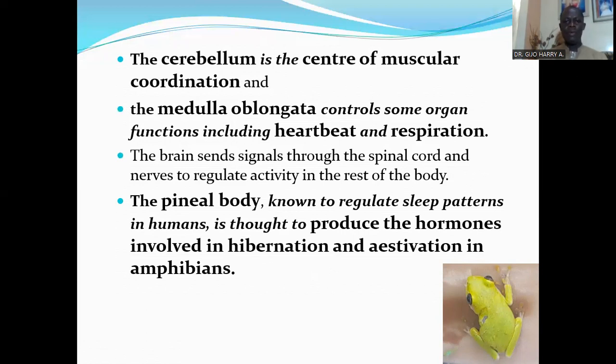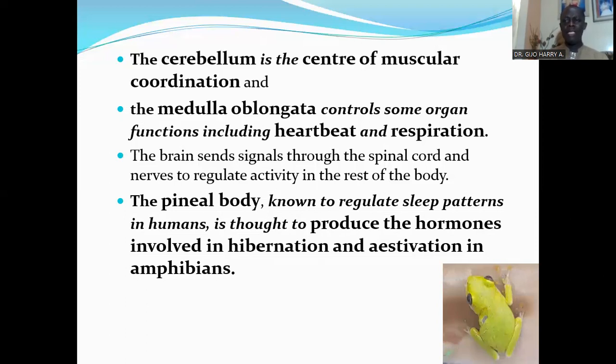So just as in humans, though the process in amphibians is more sophisticated, the pineal body controls sleep patterns in humans, but in amphibians, it is responsible for hibernation and estivation.